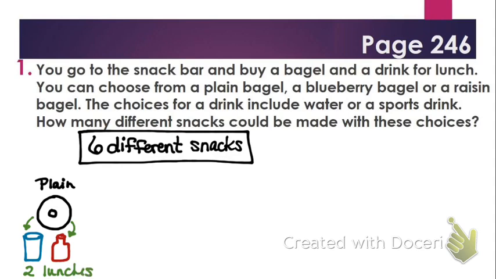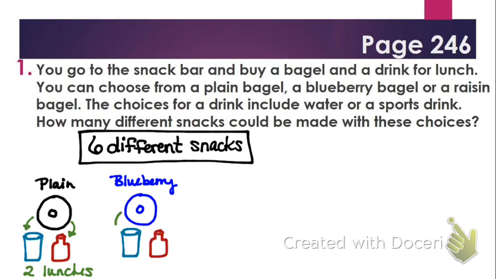What about if you chose the blueberry bagel? Blueberry bagel, but then you still have to choose between the water and the sports drink. And so that would also be 2 lunches. Or the raisin bagel. You go with the raisin bagel and then you still choose water or sports drink.